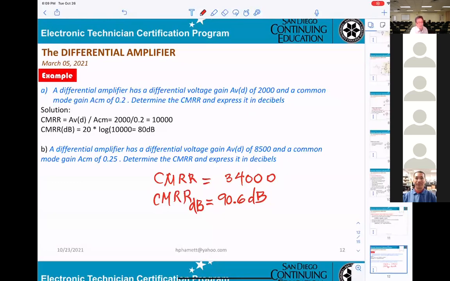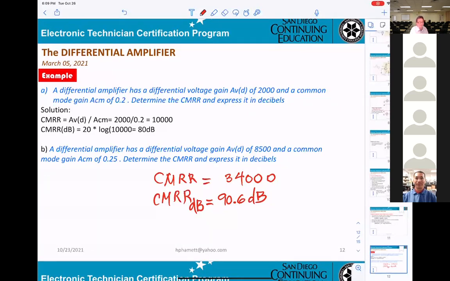So that's why we need the common mode rejection higher. It allows only the signal, 1 microvolt or 1 millivolt peak to peak, to go to the output, and you can multiply it by the gain of the differential amplifier.